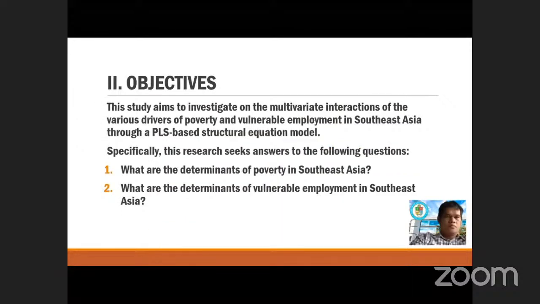This study aims to investigate the multivariate interactions of the various drivers of poverty and vulnerable employment in Southeast Asia through a PLS-based structural equation model. Specifically, this research seeks answers to the following questions. What are the determinants of poverty in Southeast Asia? And what are the determinants of vulnerable employment in Southeast Asia?